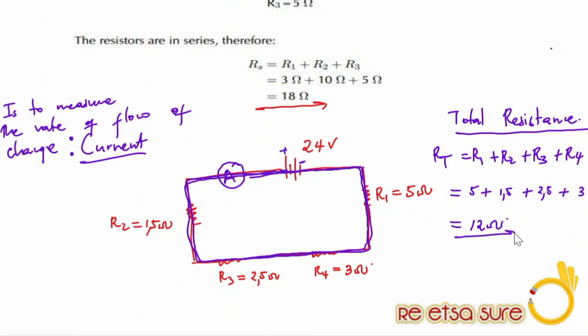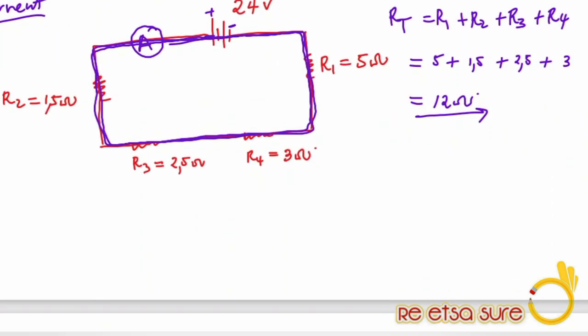This is our total what? Resistance. Sometimes you may be asked to determine the current that is flowing throughout our circuit. When you check this current here, or this ammeter, it reads the total current flowing throughout our circuit.